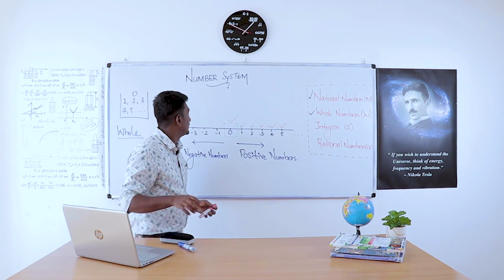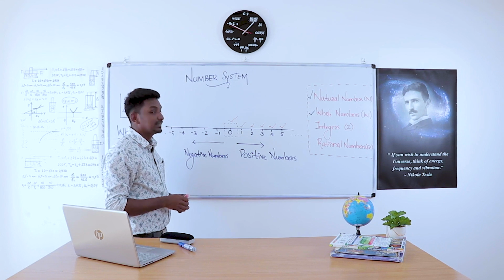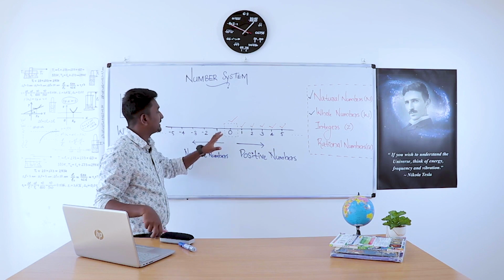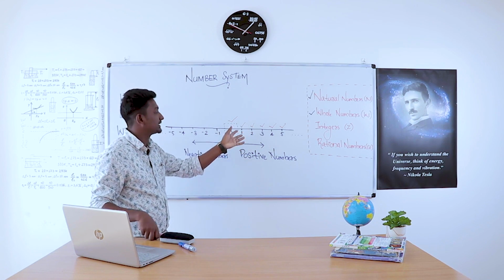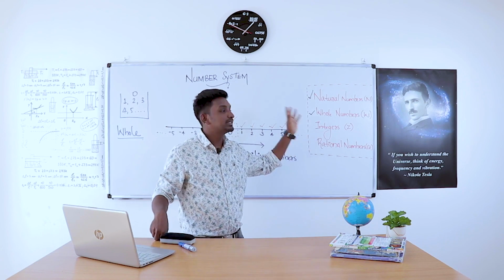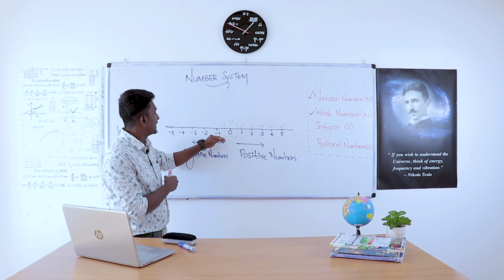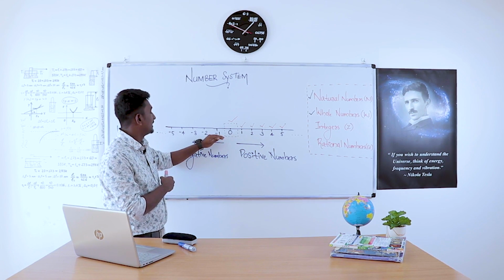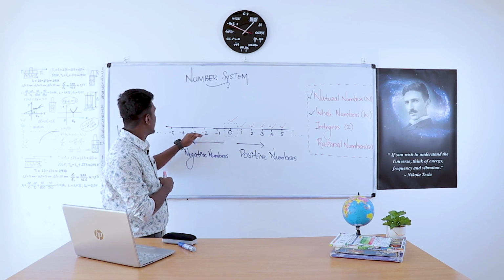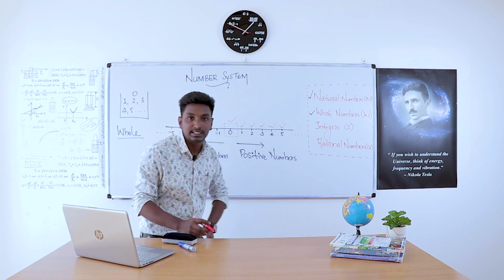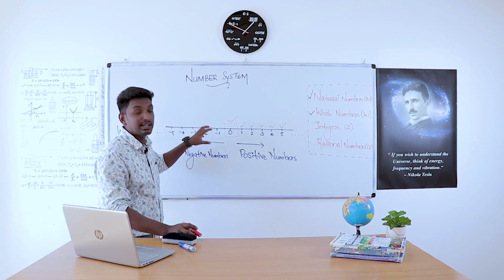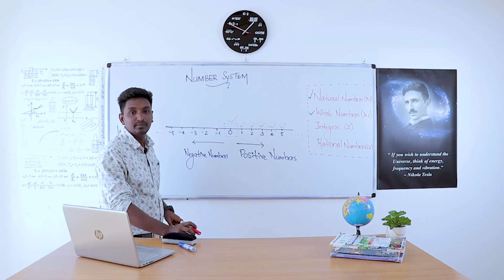Now, when I look at the number line, we pick 0, 1, 2, 3, 4, 5, etc. towards the right, towards the positive infinity. But when we look again, we are observing that -1, -2, -3, -4, -5, etc. These negative numbers are remaining in this number line.